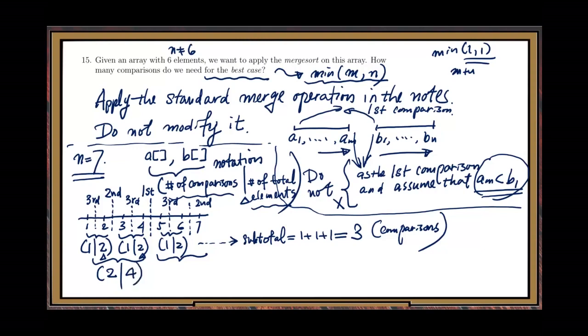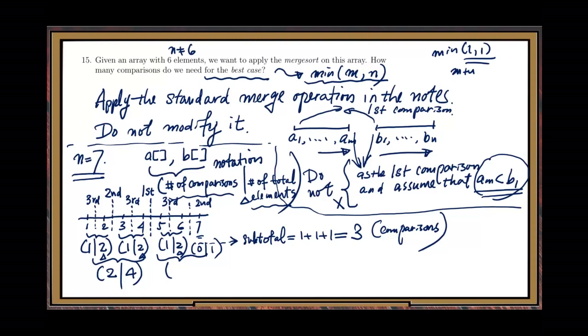Here, because this is 1, the size is 1 here. And you use size 2 there. The minimum of 2 and 1, the size is 1. Here I didn't write the size of 1. Because size is 1, if you want to use our special notation, 0 vertical bar 1, because no comparison.